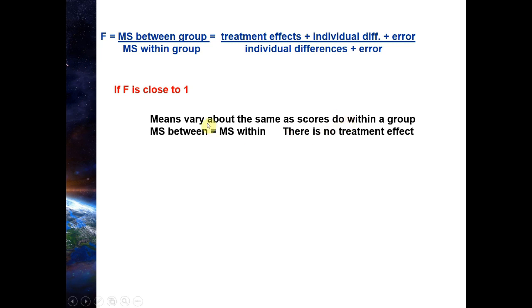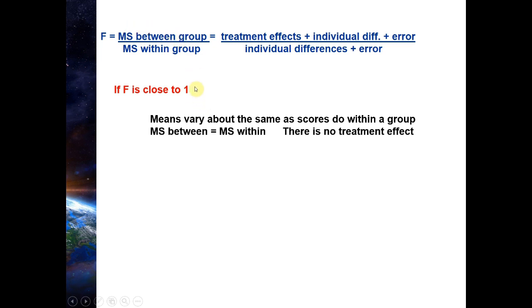So this is how analyzing variance tells us something about the means. And again, if all your means are close in value, then variance between group is going to be very small. And if the means are all very, very different from each other, then this number here is going to be a lot larger.